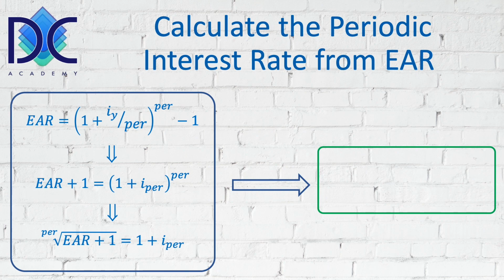And basically, we can deduce from this immediately the periodic interest rate, which is equal to the nth root, n equal to the number of periods, of the effective annual rate plus 1, minus 1. So this is the inverse calculation. When we want to have an effective annual rate that is predefined, and we are compounding monthly, we can now calculate the monthly interest rate that we have to apply.